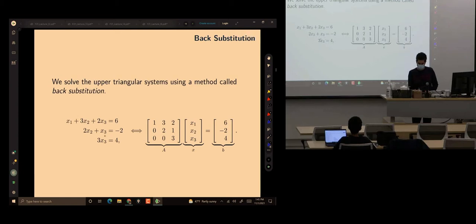Here we solve for x3. We know x3, we solve for x2. Then we know x3 and x2, we solve for x1. Again, this will scale up to an arbitrary number of variables. You can program it. You program this in Julia. You can have an algorithm for forward substitution. You can have an algorithm for backward substitution. If I give you a system of linear equations of any size, you can solve for that.